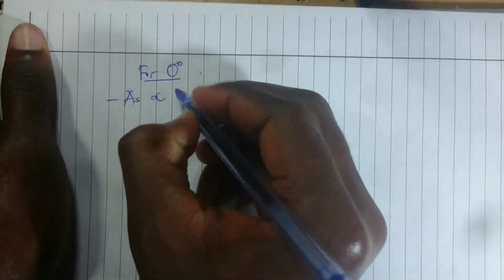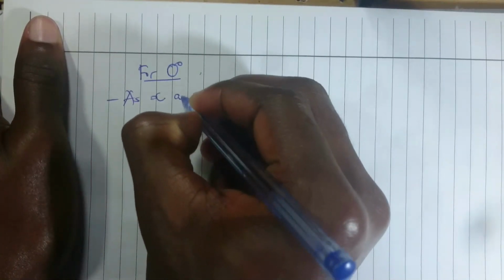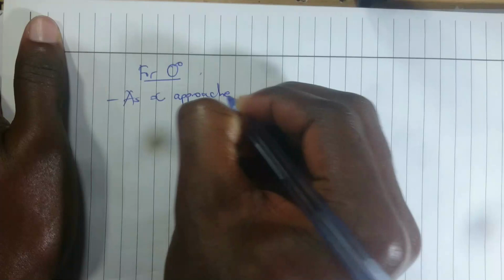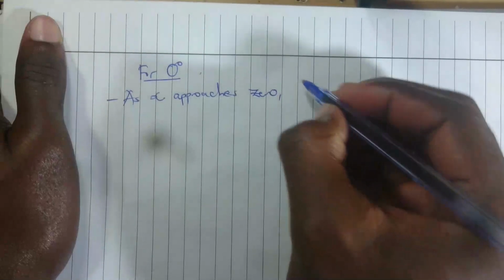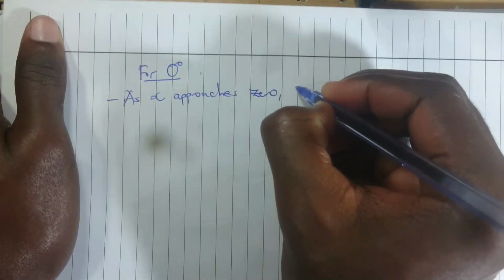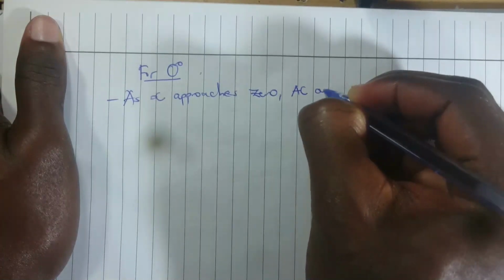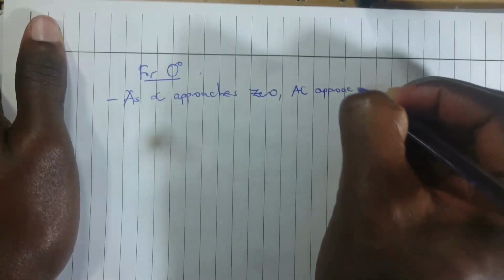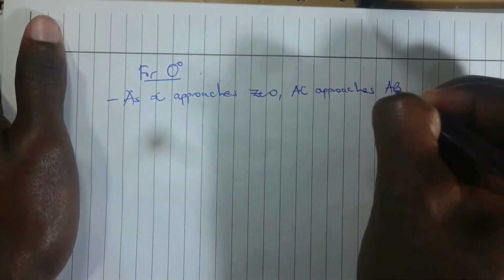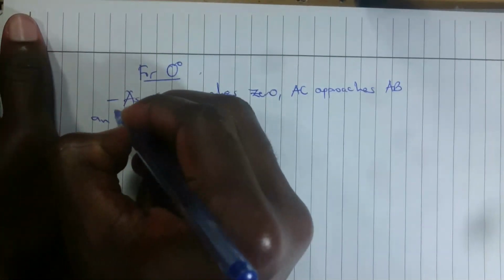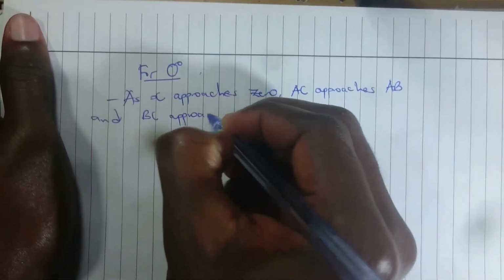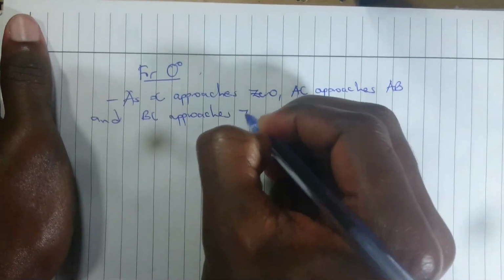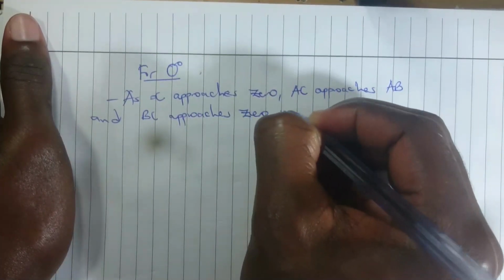So let's say as x approaches 0, AC approaches AB and BC approaches 0 in length.